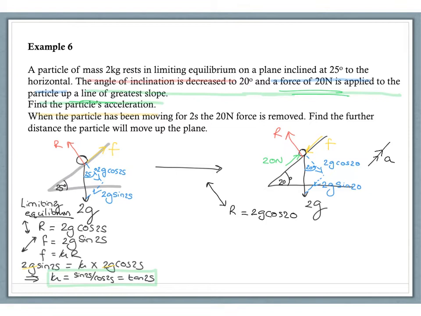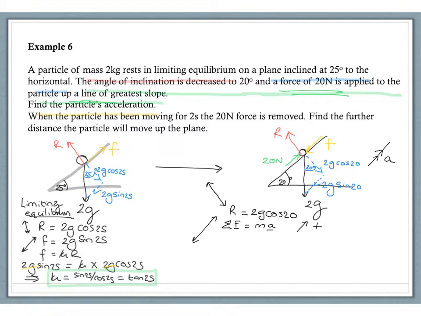They're still balanced because there is no motion in a direction perpendicular to the slope. There cannot be a resultant force perpendicular to the slope. However, if we look in a direction that's parallel to the slope, we have acceleration. So we're going to apply resultant force equals mass times acceleration, F equals ma, Newton's second law of motion. I'm going to choose up the slope as my positive direction.